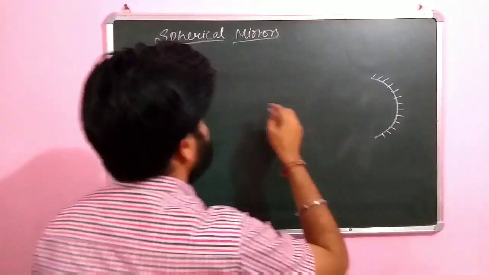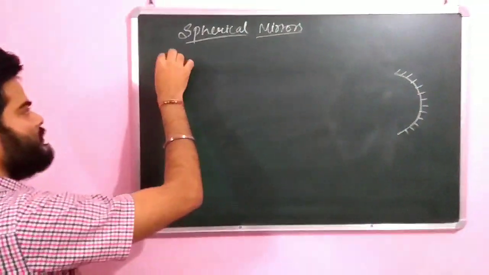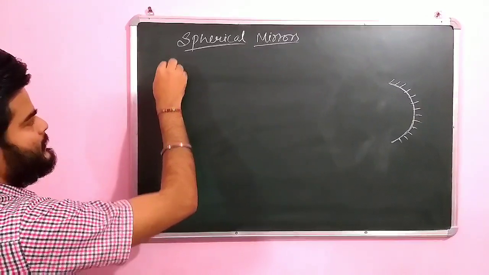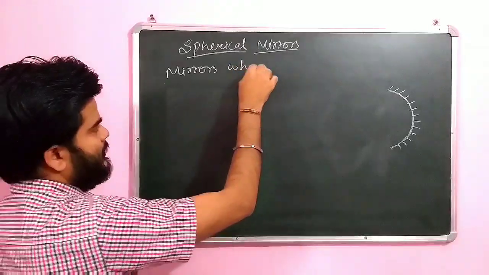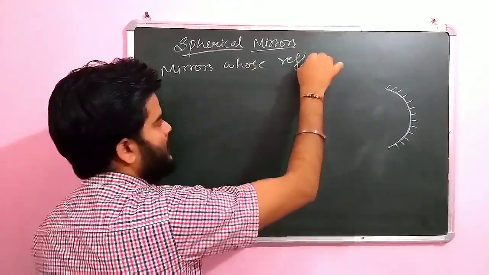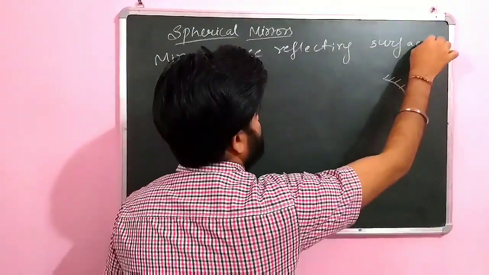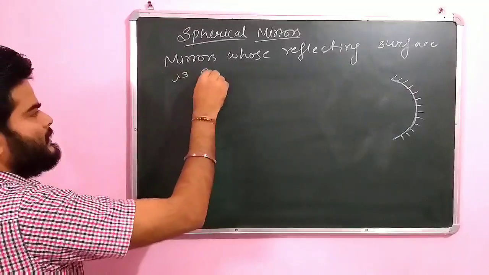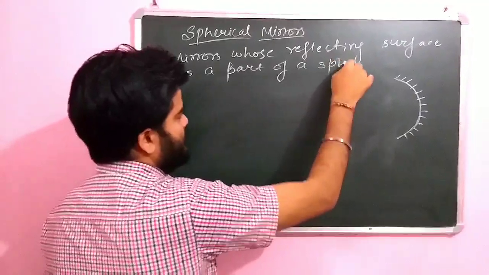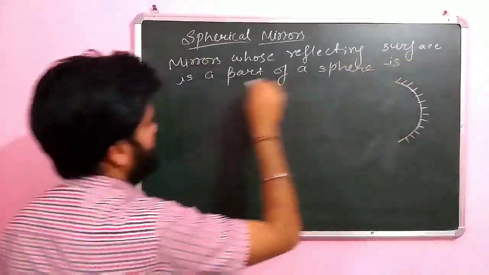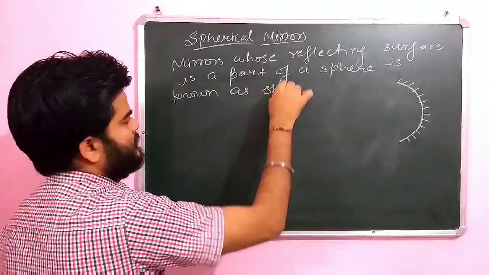So spherical mirrors are what? Which are a part of a sphere. So first write down the definition: mirrors whose reflecting surface is a part of a sphere are known as spherical mirrors.